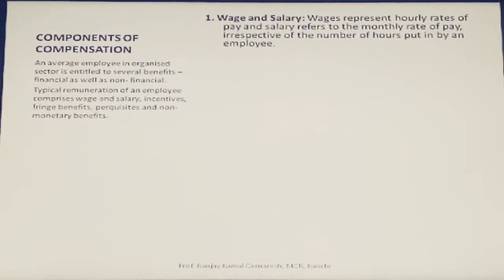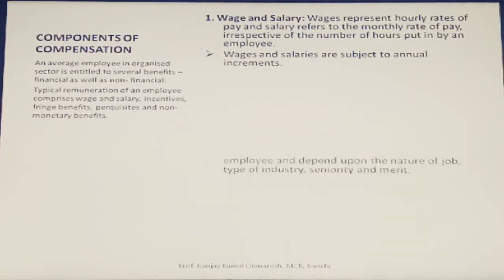Number one, wage and salary. Wages represent hourly rates of pay and salary refers to the monthly rate of pay, irrespective of the number of hours put in by an employee. Wages and salaries are subject to annual increments.